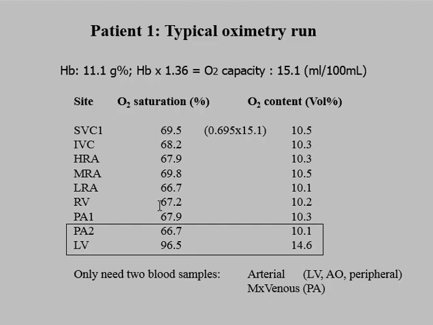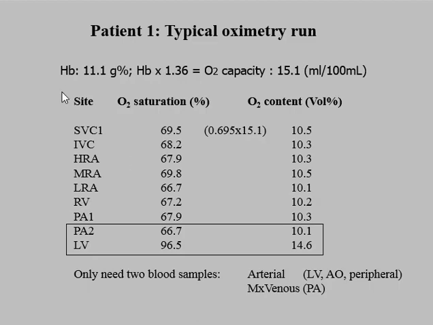The truly representative average of all those is in the pulmonary artery, which is 66.7, and the truly representative arterial sample is any artery. In this case, it's the LV.